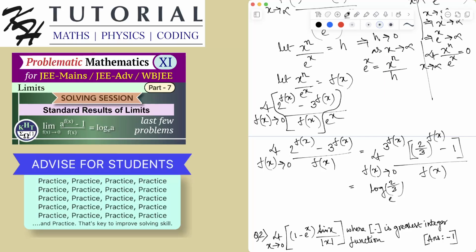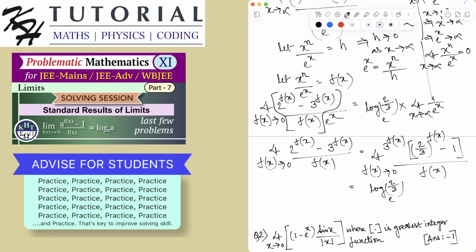Now this limit becomes log of 2 by 3 to the base e multiplied by the limit of f(x), which is x to the power n divided by e to the power x, as x tends to infinity, times 1 by e to the power x.